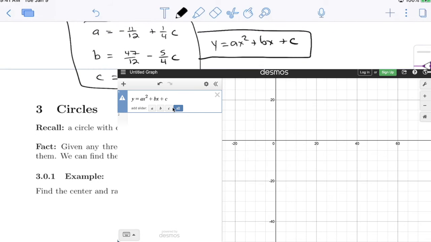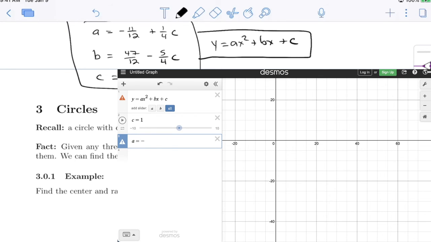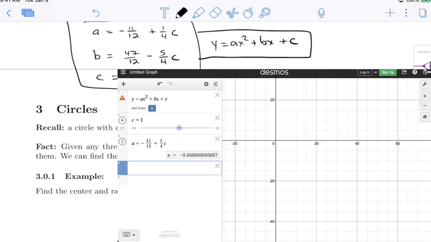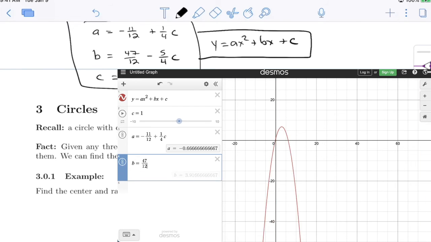So let's add a slider for c. And then down here, I've got to tell it a is equal to negative 11 over 12 plus 1/4 c, and b is equal to 47 over 12 minus 5 over 4c.